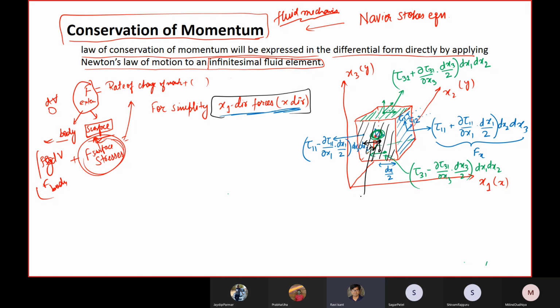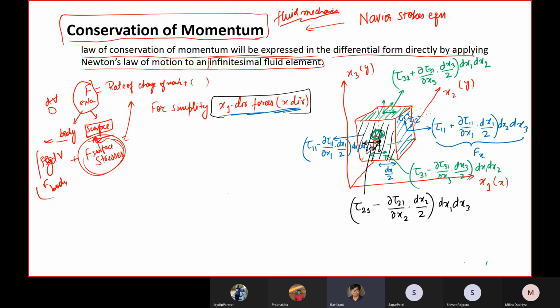So this state of stress will be tau 2 face in one direction, minus dou tau 21 by dou x2 times dx2 by 2, since I am coming back in x2 direction, multiplied with the whole area, that is dx1 times dx3.